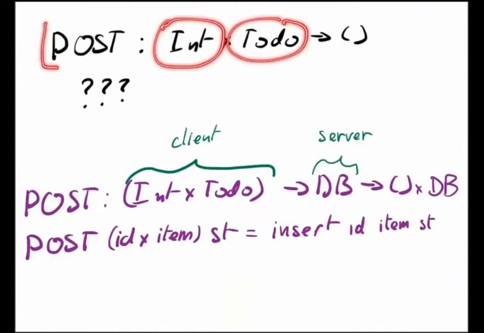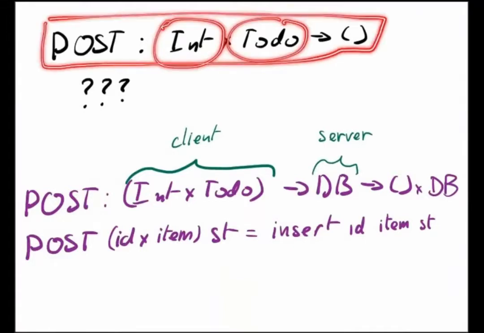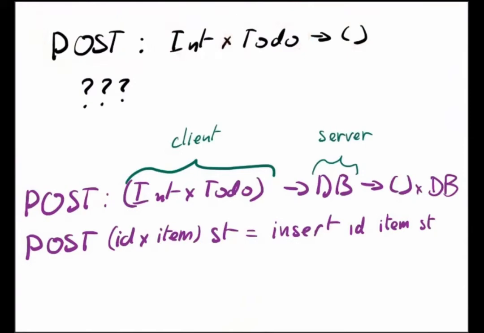But if we consider this as an entire type signature of a program we need to implement, we're stuck because of two things. First of all, we don't know which to-do item this corresponds with, and we don't know what's the end state after we've performed our change. This, if we didn't have any additional information, would be a function that returns nothing.